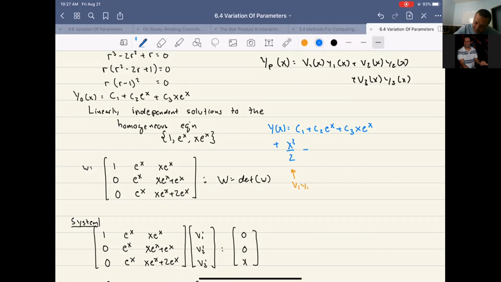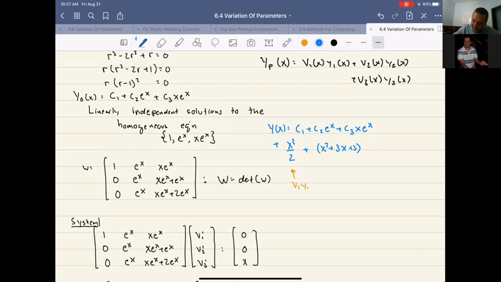Plus our V2 was x squared plus 3x plus 3 times e to the negative x, but e to the negative x multiplies with e to the x to become 1.